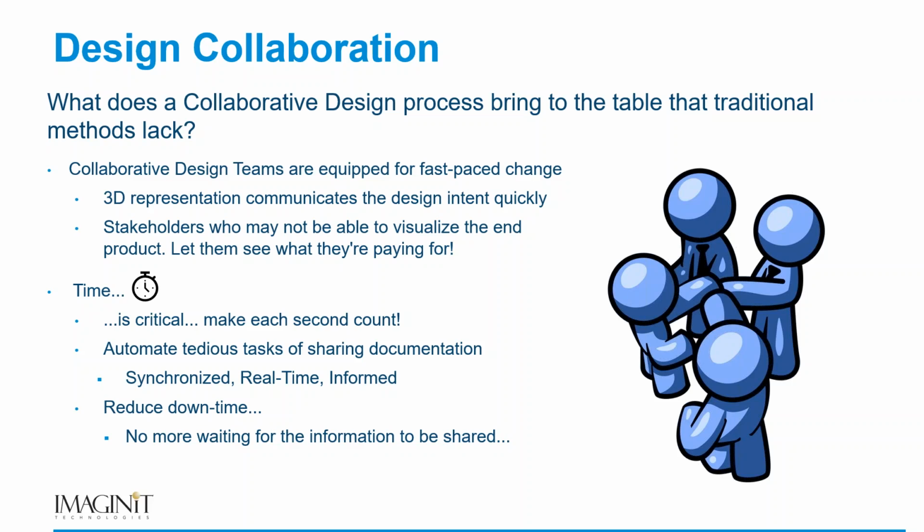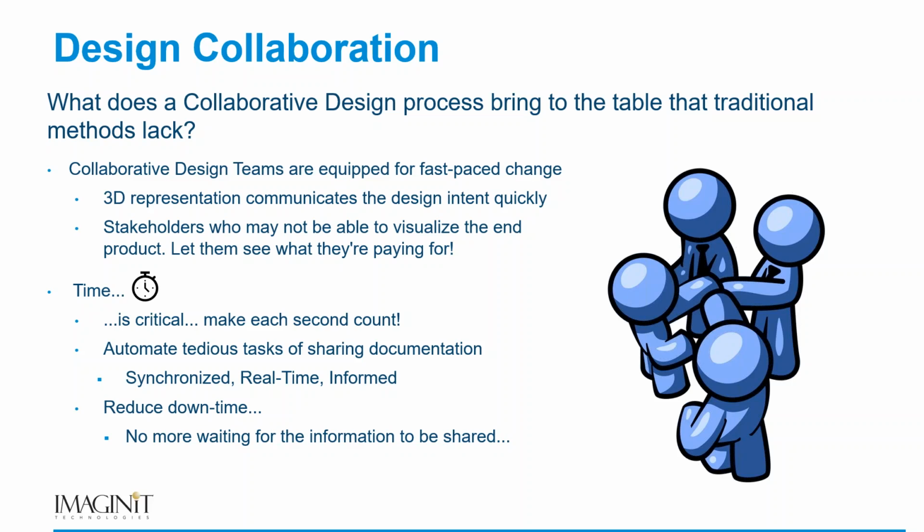Collaborative design teams have models that they can react to, because of what's going on today with the changes in technology advancement, let alone supply chain concerns. We have to turn around our changes as quickly as possible.